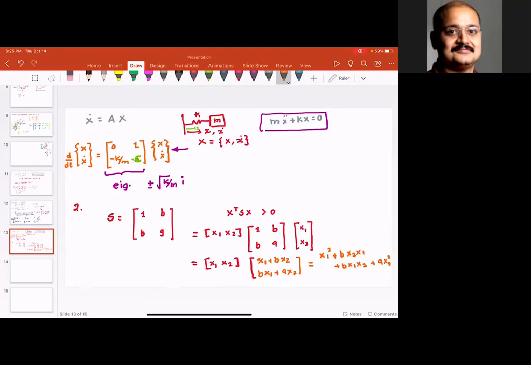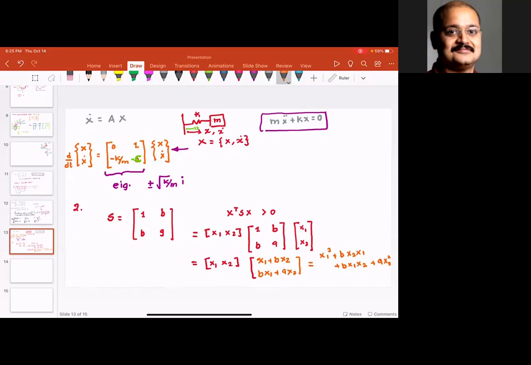I'll give you a simple hint. You have an equation x1 square plus 2b x1 x2 plus 9 x2 square, right? If the value of b is 0, would the matrix be positive definite? Yes, no matter what the values of x1 and x2 are, the matrix will be positive definite.